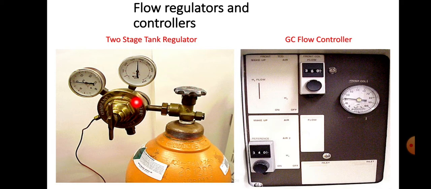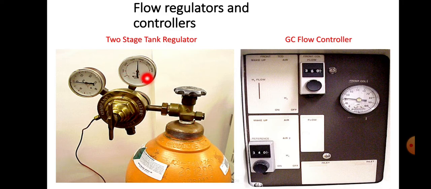And then we have the two-stage tank regulator. Here we can see the first meter will show how much carrier gas is present inside this cylinder, because you need to see the amount of carrier gas which is remaining, and then you have to have a buffer cylinder in place, or you can order that.